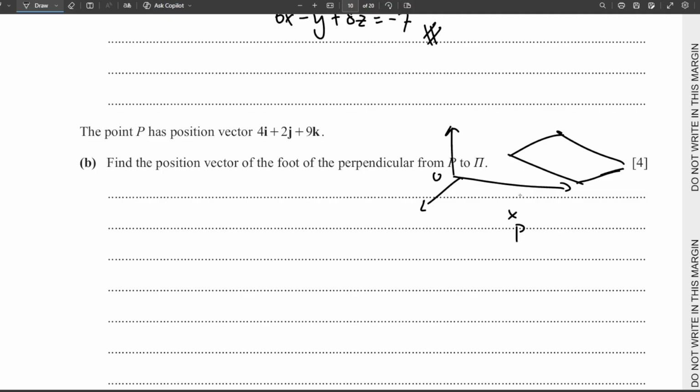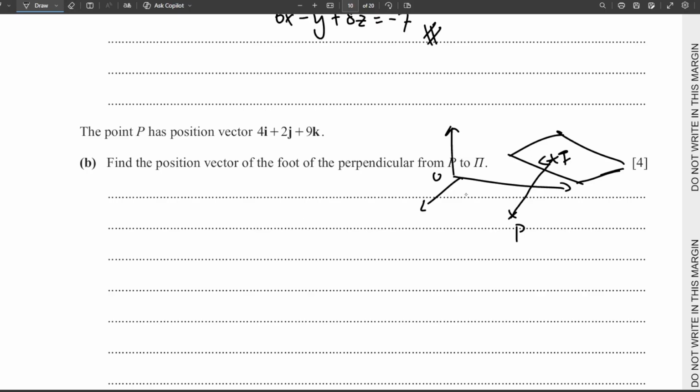The foot of the perpendicular means that when you draw the vector from P to the plane, this part will be perpendicular to the plane. Let's call the foot F. So you want to find exactly what OF is, the position vector of the foot.